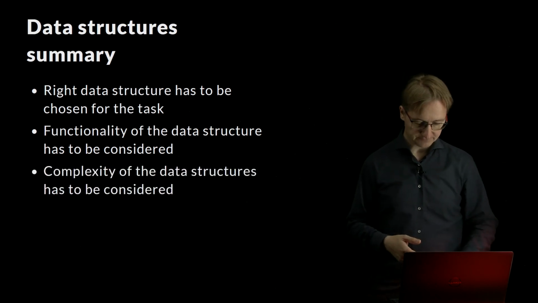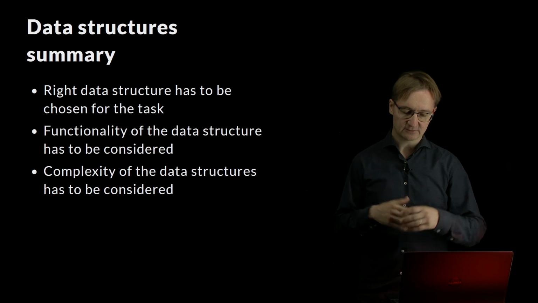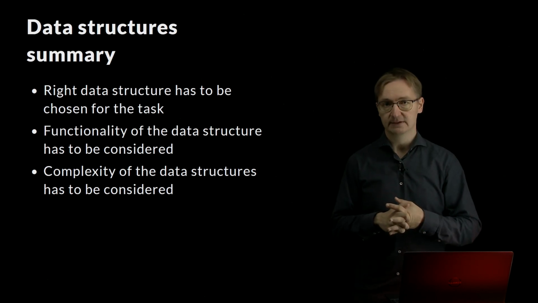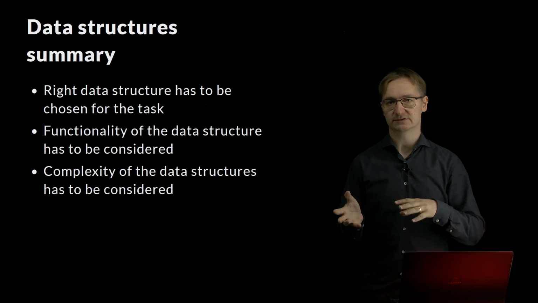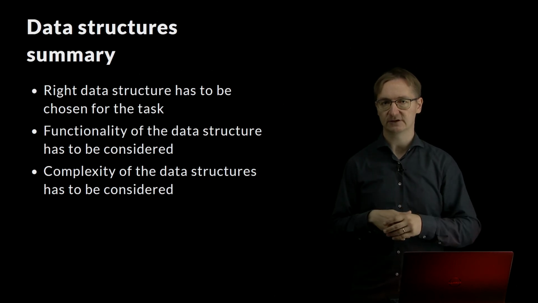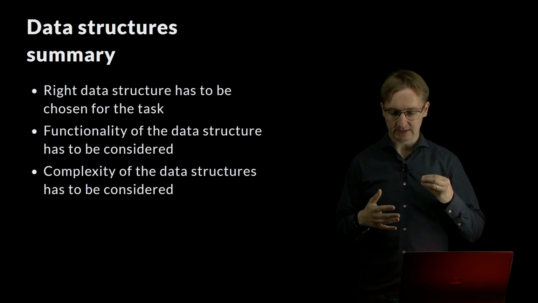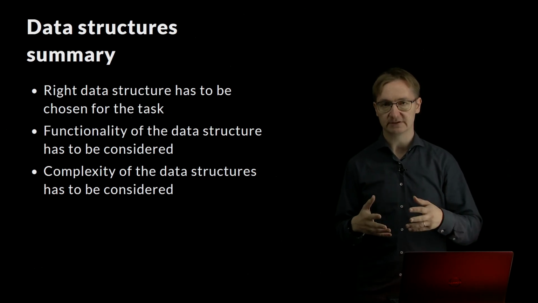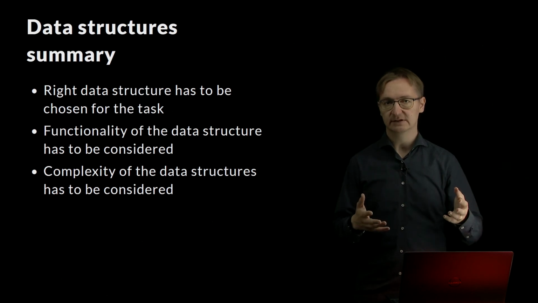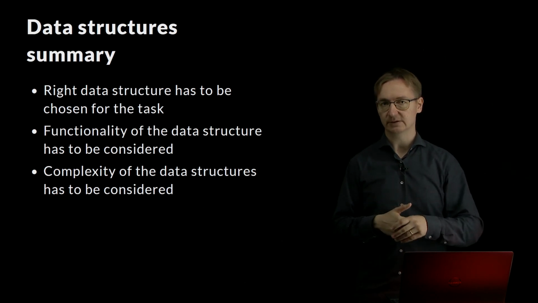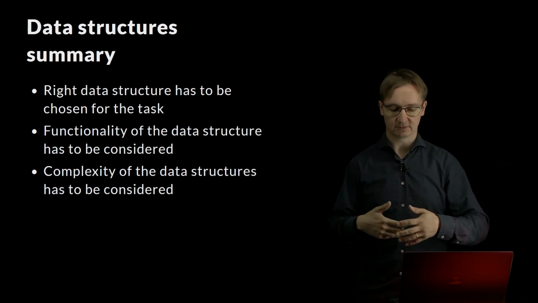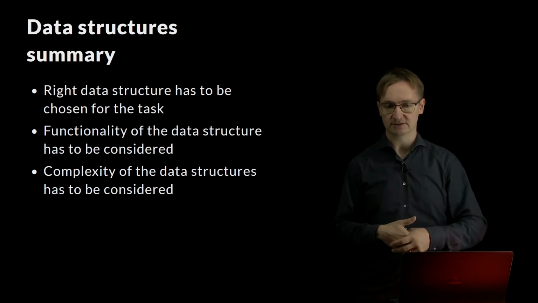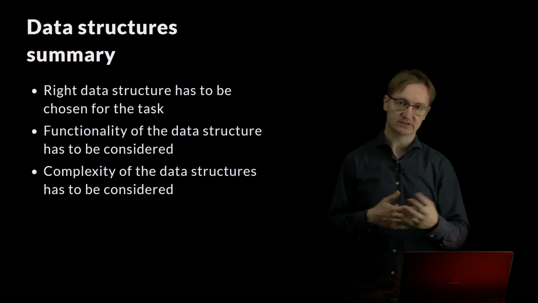In addition to functionality, we should also consider complexity. We saw that different data structures have different complexity for different operations. If we want to look for a certain element inside our sequence, then it's wise to use something where this functionality takes less time, or the complexity is lower. For example, a set or a dictionary.